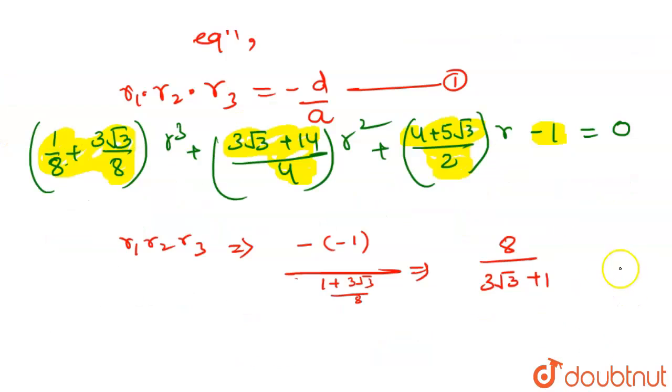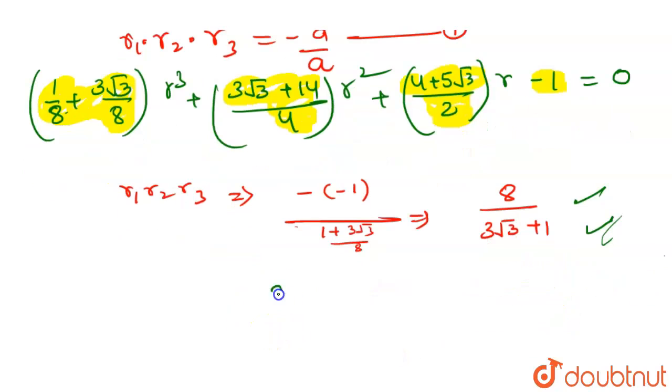Now since we have an irrational number in the denominator, we will rationalize it. And how can we rationalize it? We will multiply the numerator and denominator by a radical that will get rid of the radical in the denominator. So here our radical is 3 root 3 plus 1. So we will multiply 3 root 3 minus 1 in denominator and numerator.